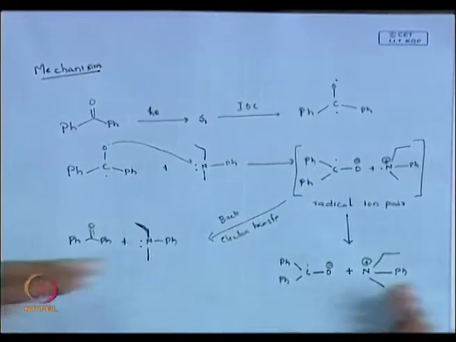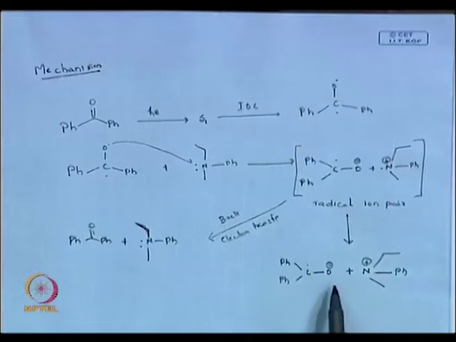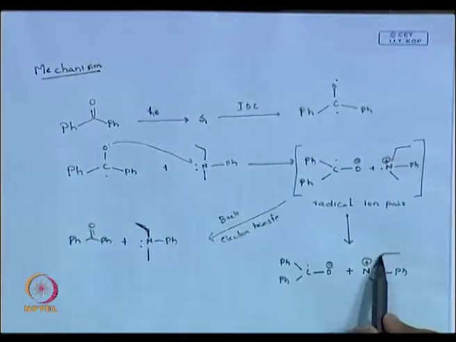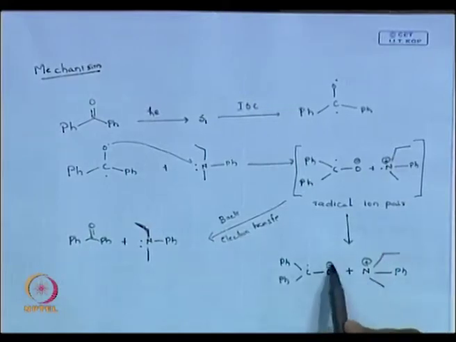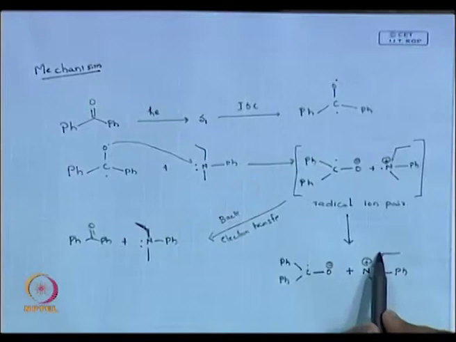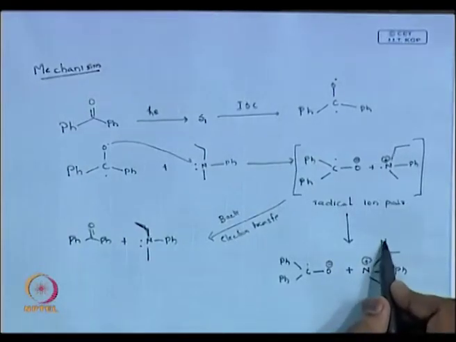Okay. This will also be in the system. Now, what happens, this O minus can abstract a hydrogen. Okay. A proton transfer can always happen from here. My O minus can go and abstract this hydrogen, because this is the acidic hydrogen now to abstract.